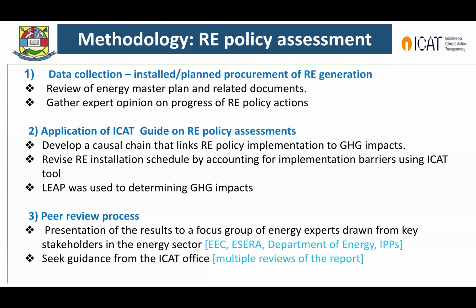And then the third step was the peer review process, where presentation of the results to focus groups of energy experts drawn from key stakeholders in the energy sector was done. Next slide, please.